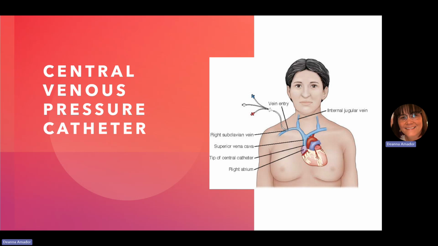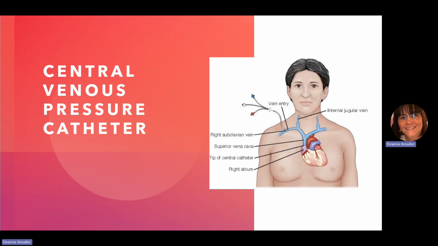So that would tell me that if it was 10, my patient was very volume overloaded. To decrease my CVP, or decrease my preload, because that's a measurement of preload, what medication would I give? From pharmacology, we talked about giving diuretics to make them pee off the volume.